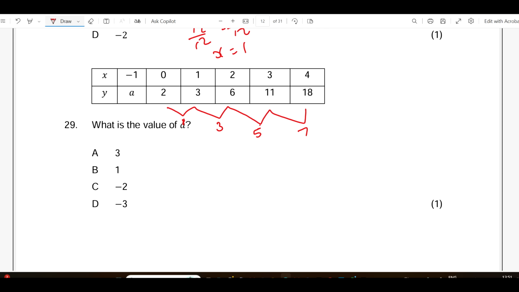So guys, we already know how they are moving. I don't have a common difference, guys. One thing I know is that there is a gap of 2, 2, 2.